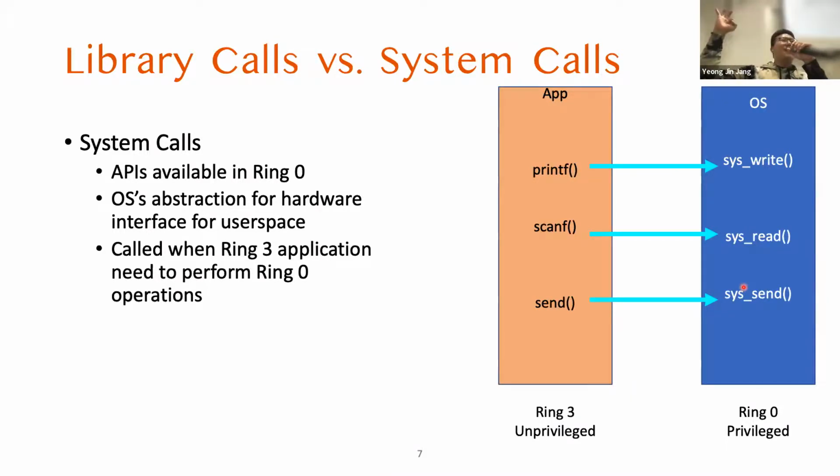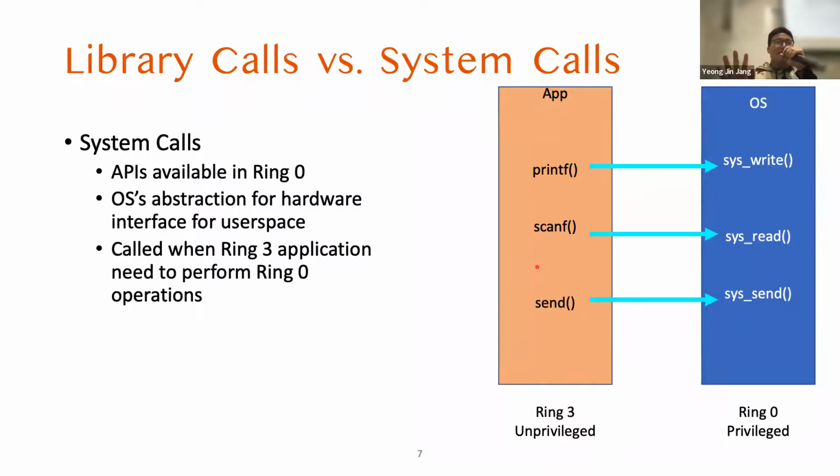So a ring 3 application has no access to the kernel memory. That's what we learned from the page table and virtual memory. We can do that, and we actually do that. And then even if we don't have access to the operating system code, there should be a way that we can invoke function calls to the operating system from the ring 3 library calls.